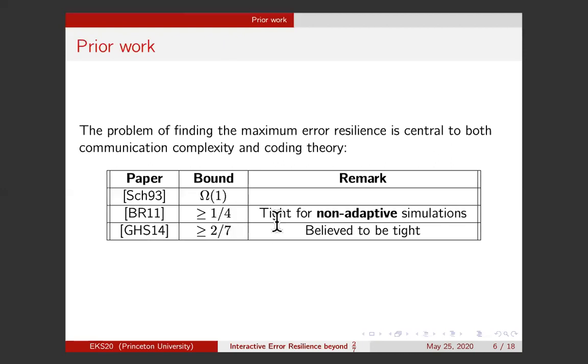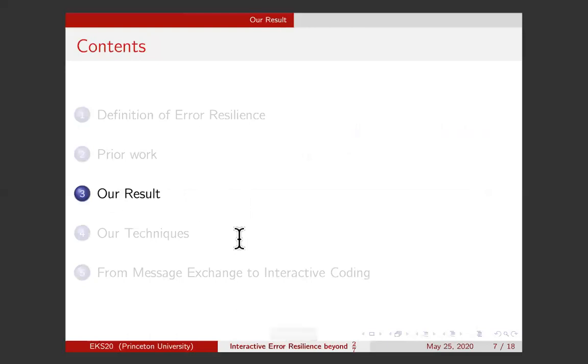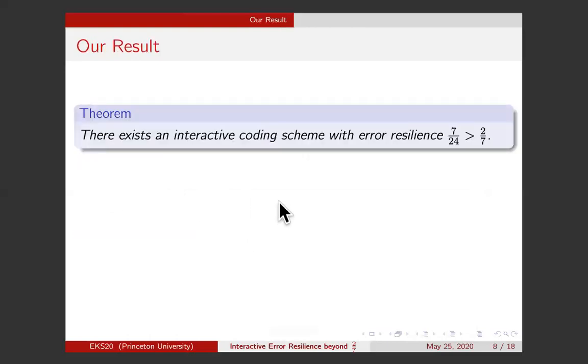Now, it was believed prior to this work that this 2/7 value is the optimal error resilience, and no adaptive simulation can have error resilience that is strictly higher. Our main result is that this is not the case. We show an interactive coding scheme, adaptive of course, with error resilience 7/24, that is strictly higher than 2/7.